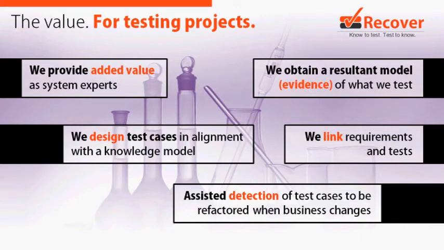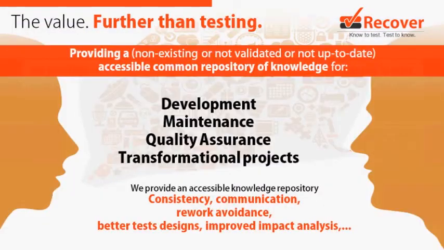We are also able to use the model that we are recovering, as we are recovering it, obviously not at the beginning when we don't have any model, but as we have more knowledge, we can simulate changes in the model to detect which test cases are impacted.